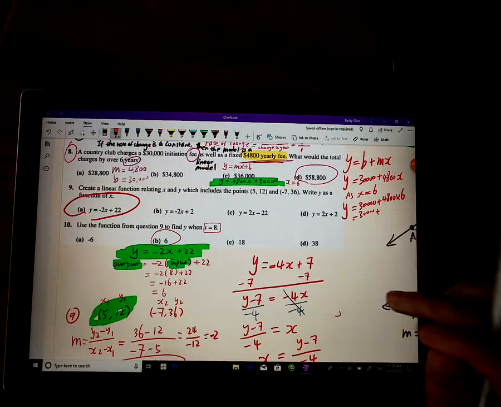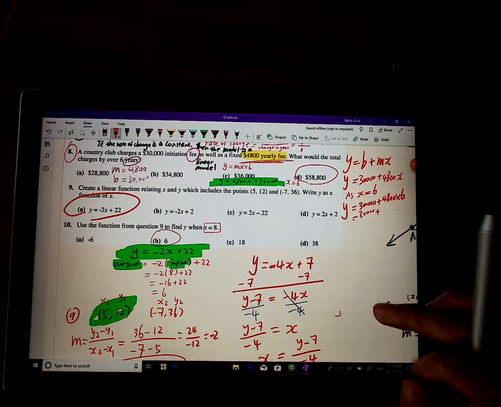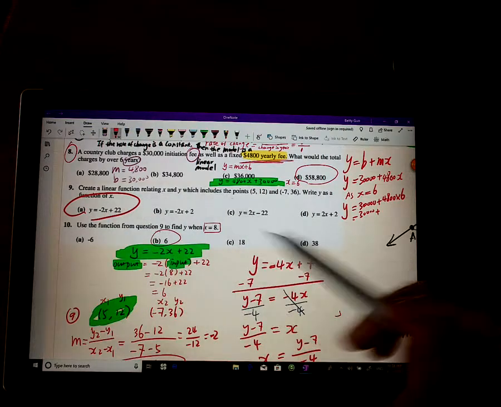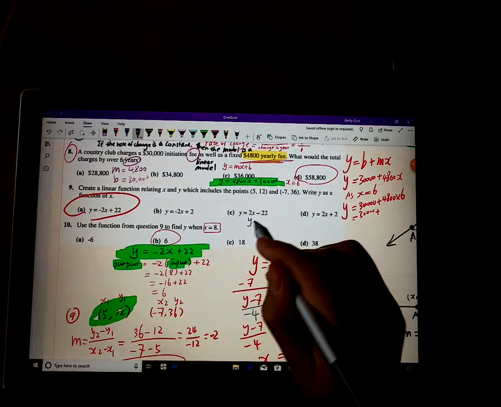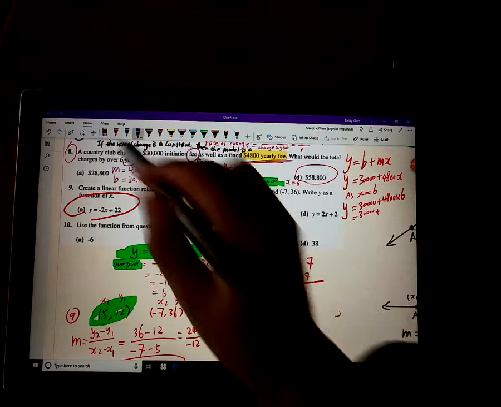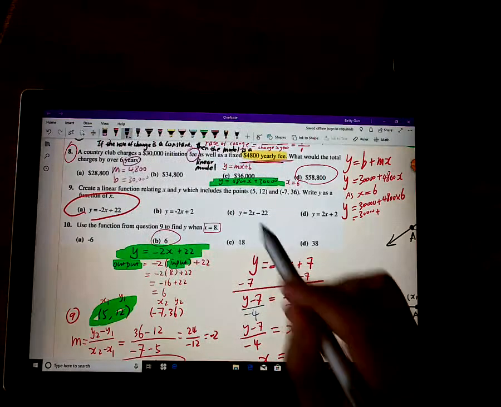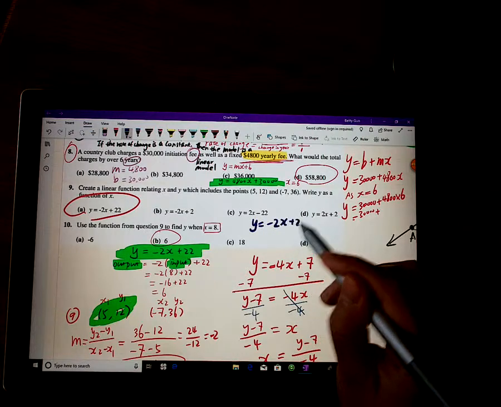Negative 2x plus 22. Okay, number 10, the last one. Use the function from question 9 to find the y value as x equals 8. That's easy. The function that we got from question 9 is y equals negative 2x plus 22.